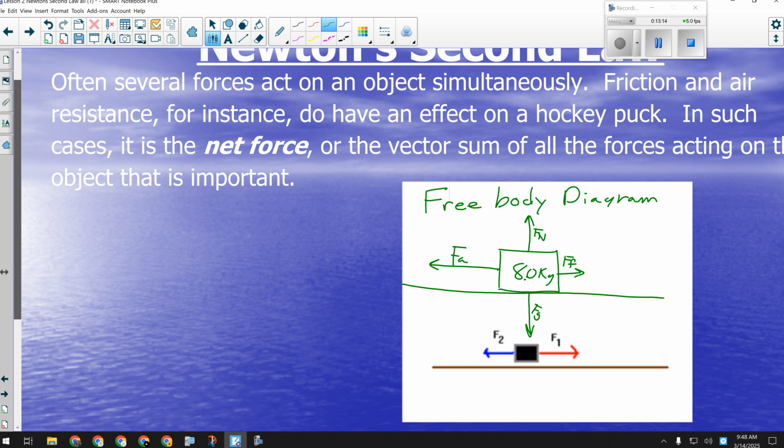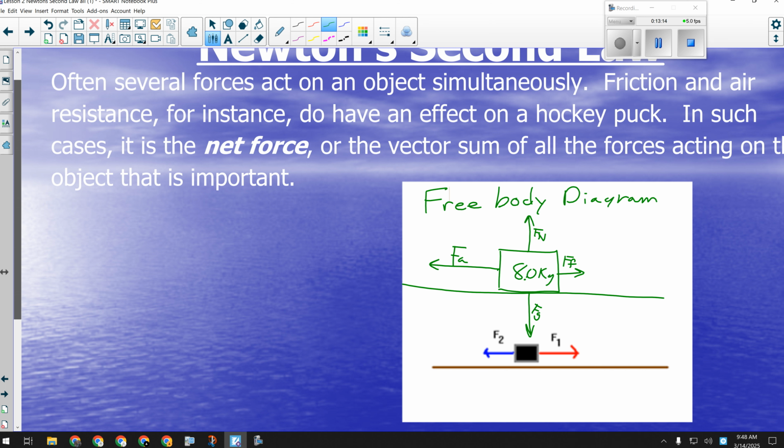But if I was being incredibly technical, I would draw my vector diagram of those forces like this. This would be the force of gravity, and then I would have, I wanted purple, this would be the normal force. I drew them tail to head, and surprise, surprise, they cancel each other out, because they were equal and opposite.